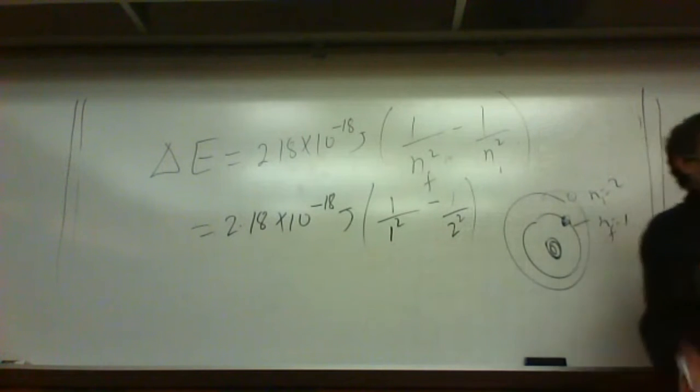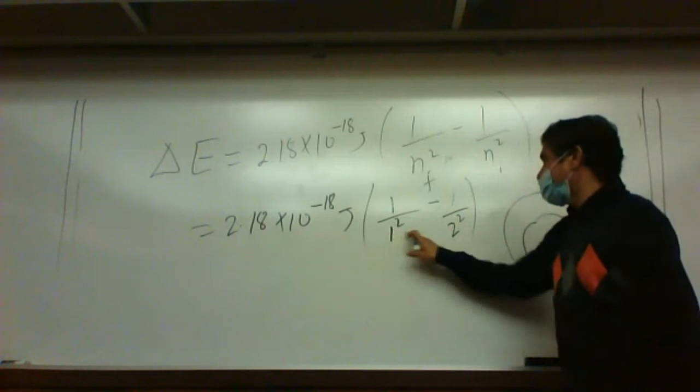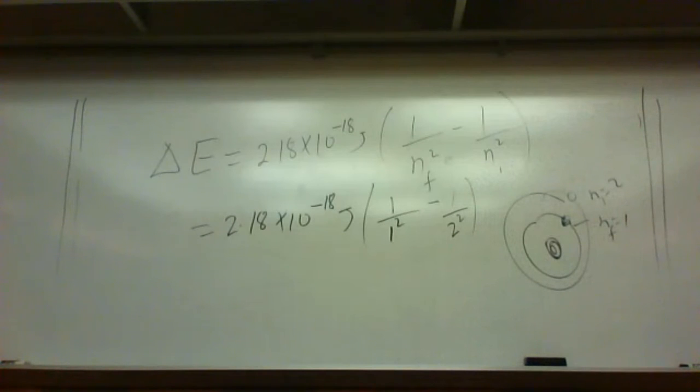But say for some reason you get confused in the exam and put 2 square here and 1 square here. The answer will be exactly the same. Maybe you will get a negative sign and you just remove that negative sign. Make sense?